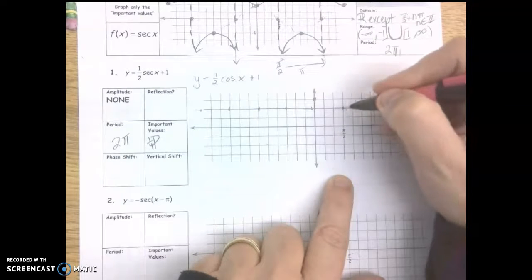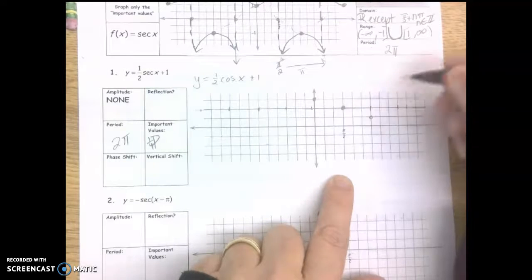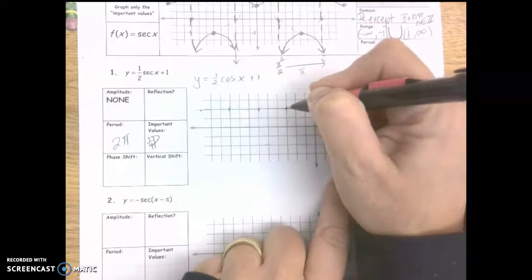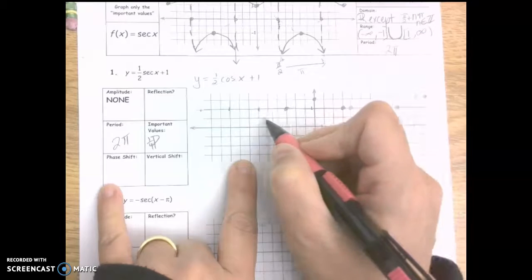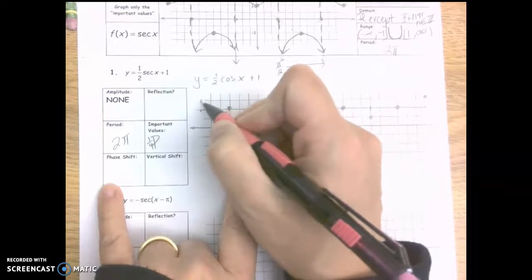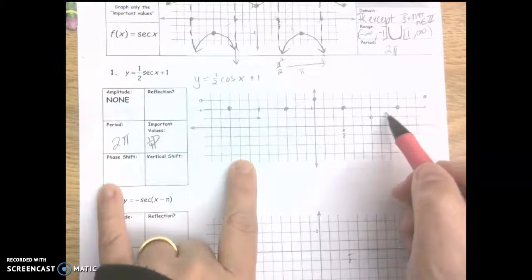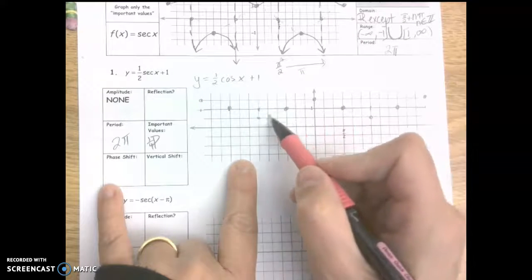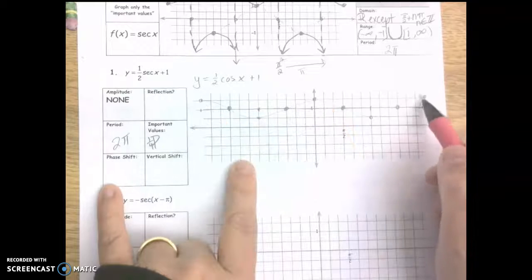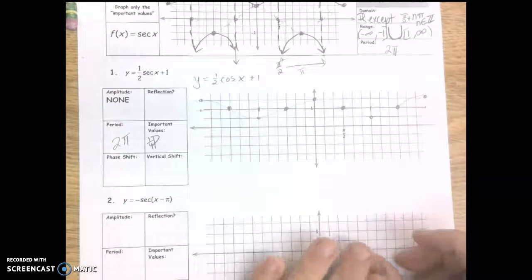And so then I follow cosine. And then I've got a 0, a minimum, a 0, a max, and then I reverse. 0, a minimum, a 0, and a max. And again, I can lightly pencil in, or I don't have to pencil in. I just like to look at it.